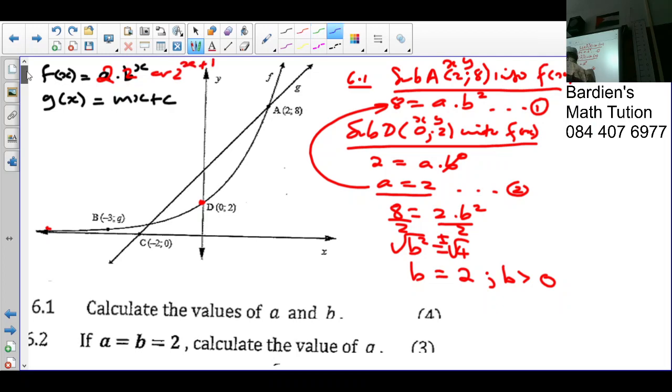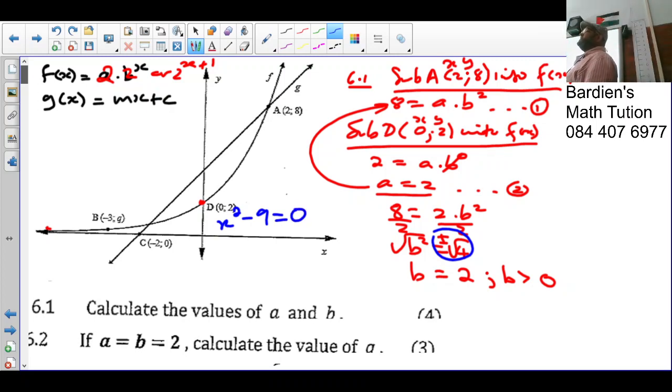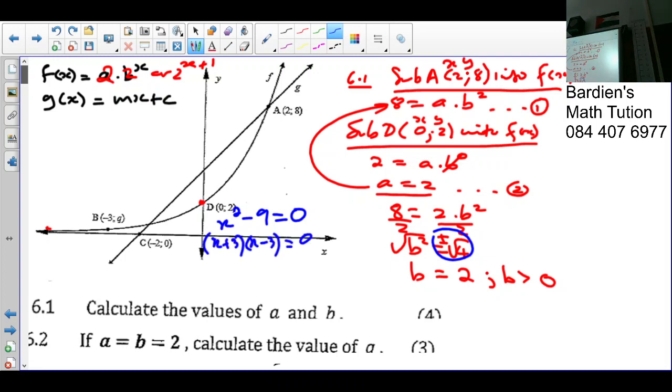The plus minus, sir. Yes, sir. Why is there a plus minus? You see, if you got x squared minus 9 is equal to 0, and they ask you to solve for x, what would you have done? Difference of 2 squares, which is x plus 3, x minus 3. So x minus 3 is equal to 0, x equal to 3. Or x plus 3 is equal to 0, so x equal to minus 3.